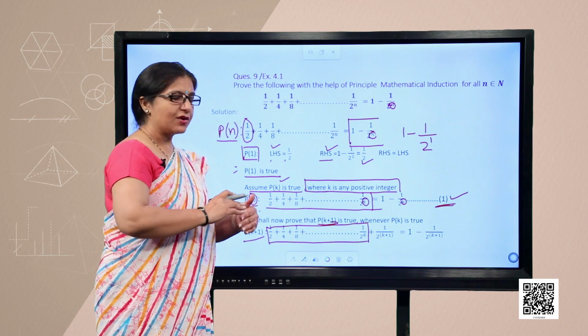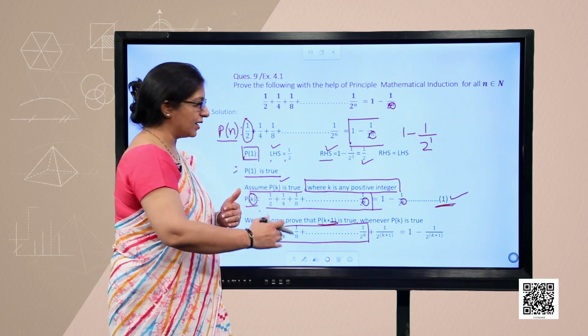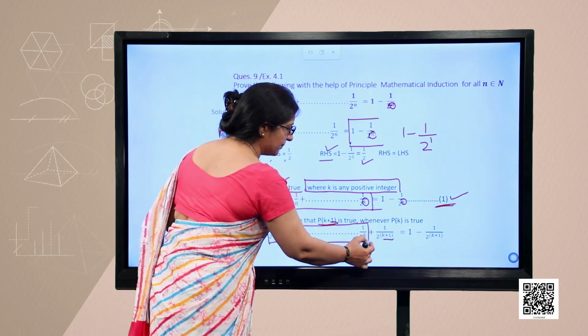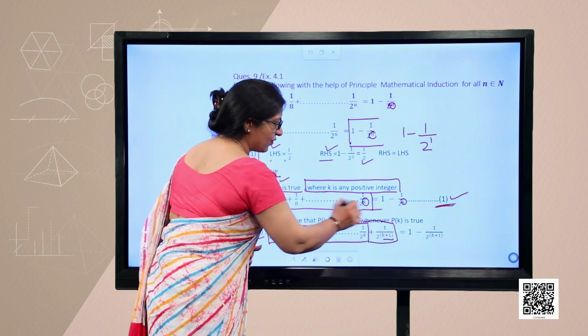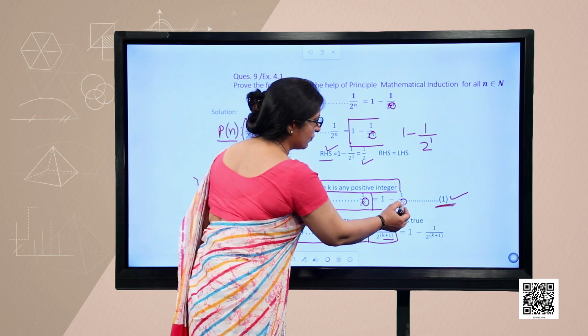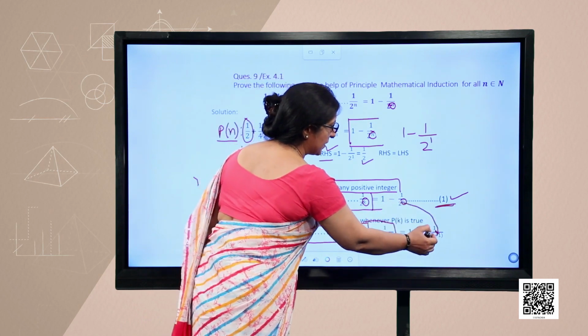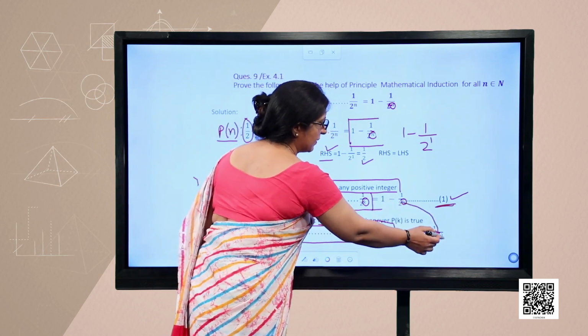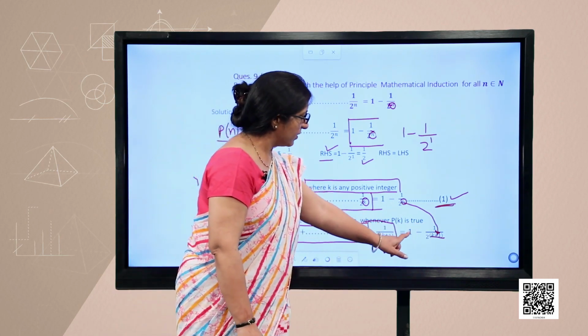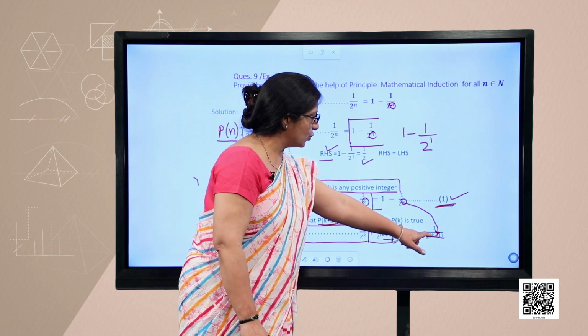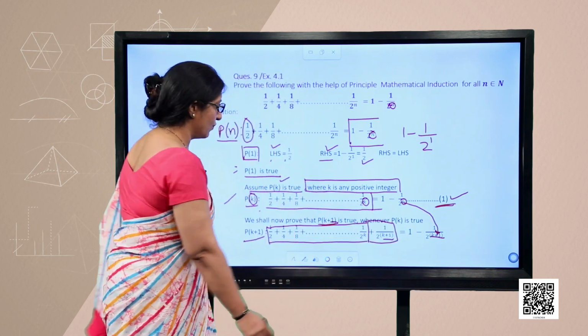What we have done is, we have added the successive term, which is the k plus 1th term. Wherever there is k, we will replace it by k plus 1. So, this becomes 1 minus 1 upon 2 to the power k plus 1.